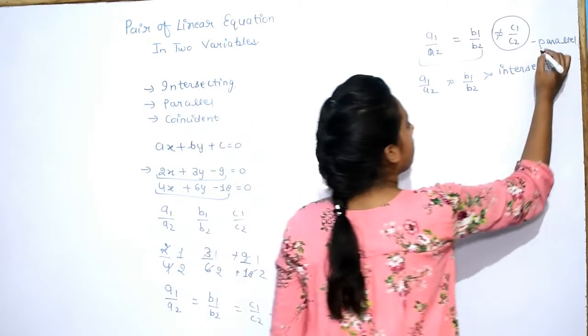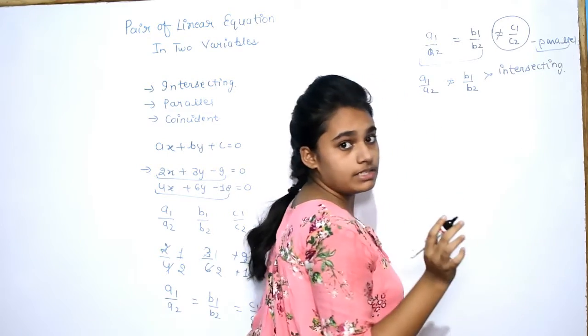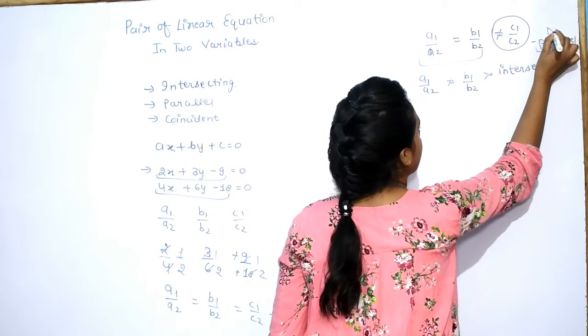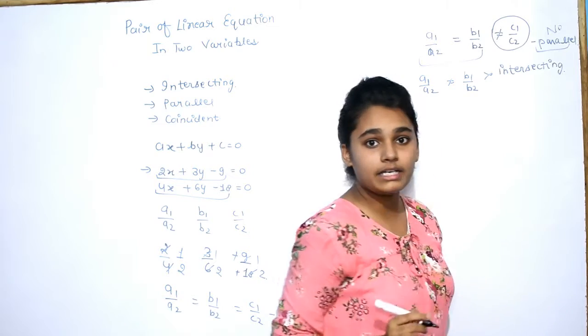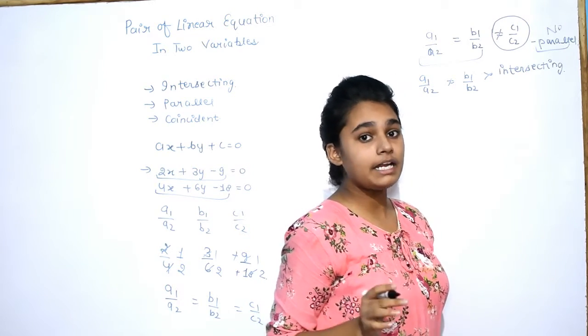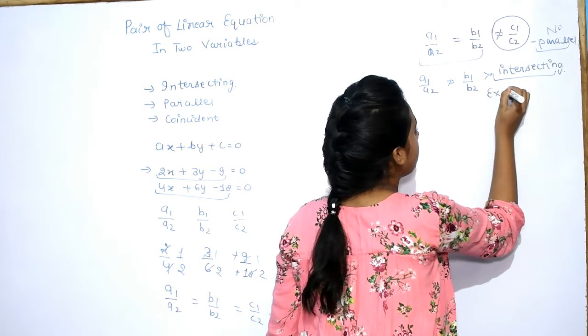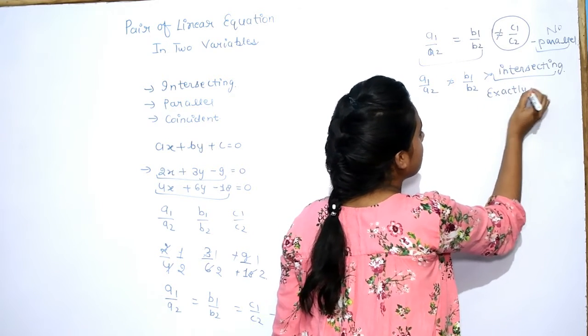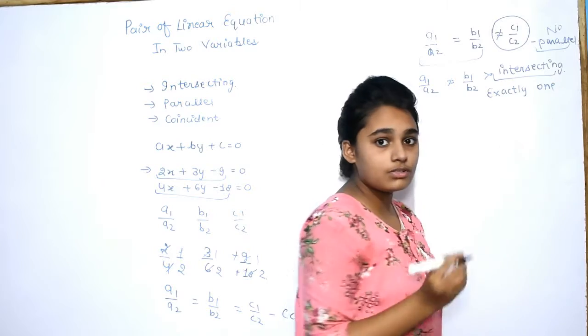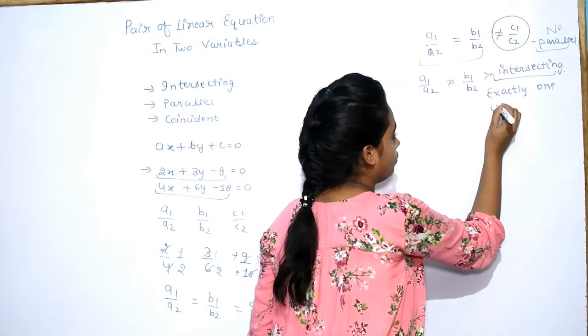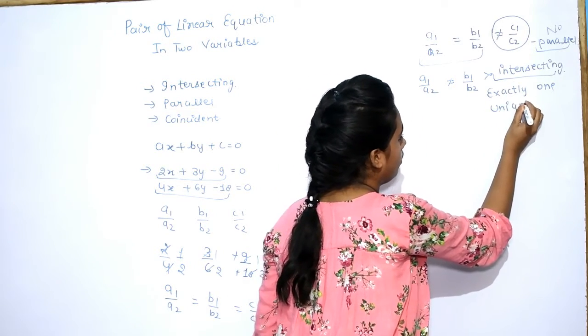And if we have a parallel line, then always remember we don't have any solution. Means for a parallel line we have no solution. And if we have an intersecting line, always remember we have exactly one solution here, and we can also say that we have a unique solution.